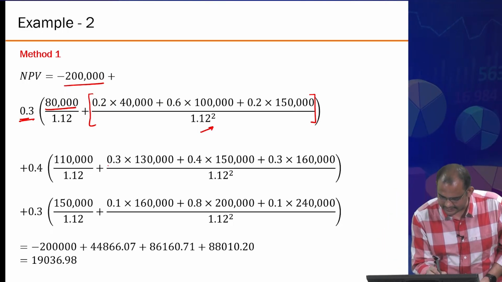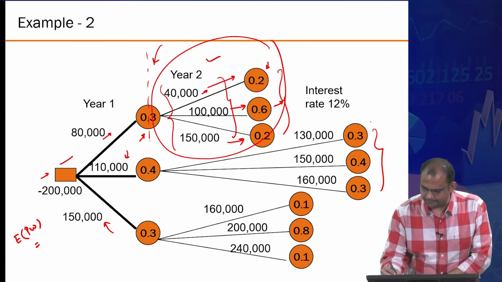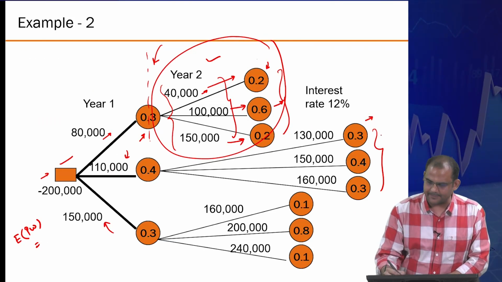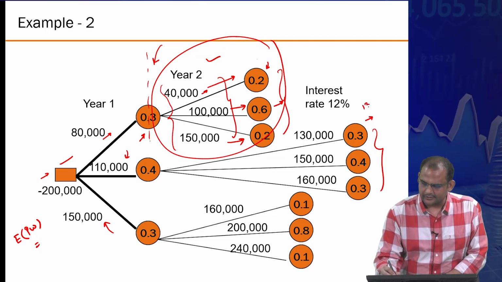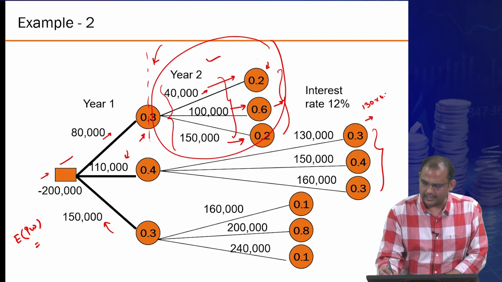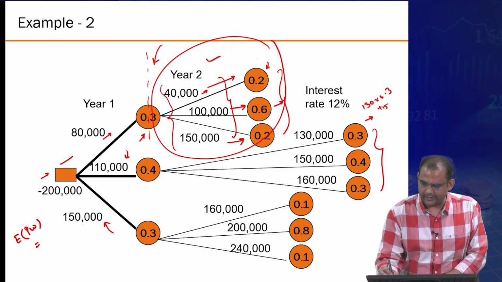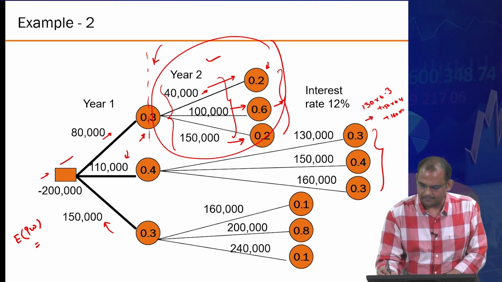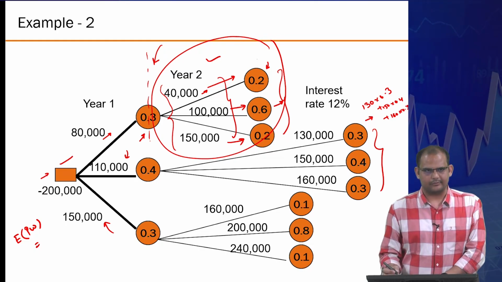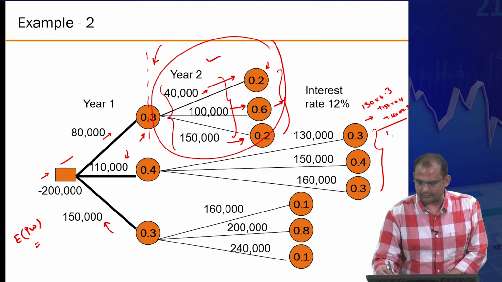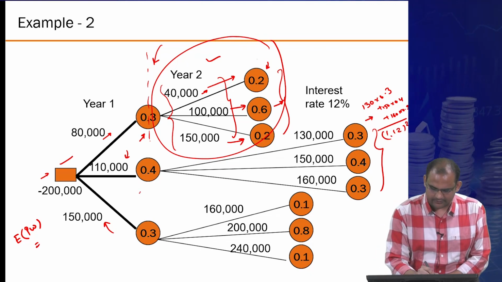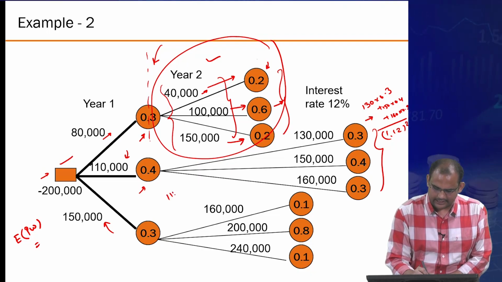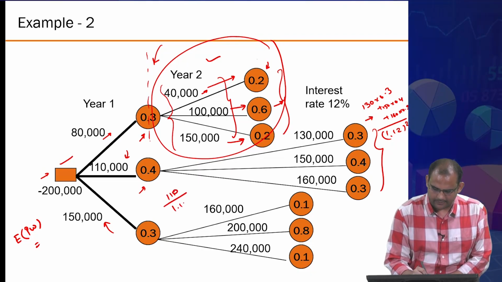In the second case, I am calculating the expected value of this cash flow first. This will be 130 into 0.3 plus 150 into 0.4 plus 160 into 0.3. This will be discounted for 2 years, so that will be 1.12 squared, plus the cash flow here, which is 110 divided by 1.12.